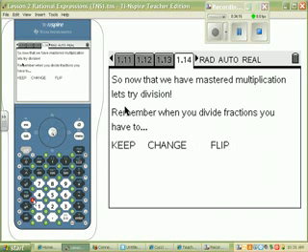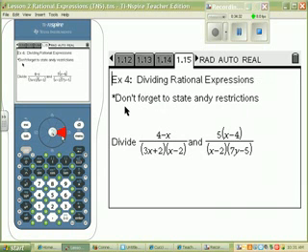Keep, change, flip. You remember this? Barely? A little bit? You remember keep, change, flip? Okay, I say keep, change, flip. Okay. Everybody have that in? Let's look at the next page.